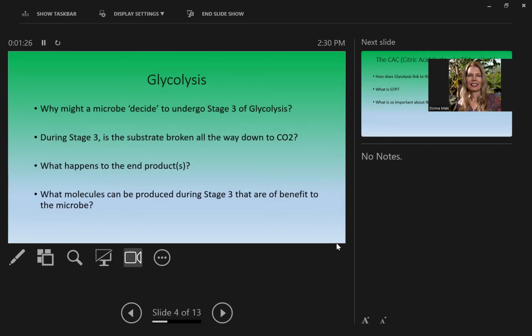So what other metabolisms have we learned about? Instead of oxygen, there are other chemicals they can use. What's that called if they're not using oxygen? Anaerobic. Yeah, anaerobic metabolism, anaerobic respiration.